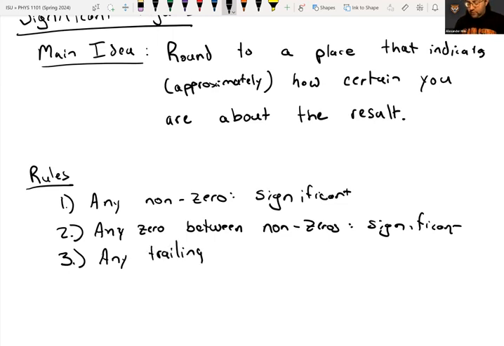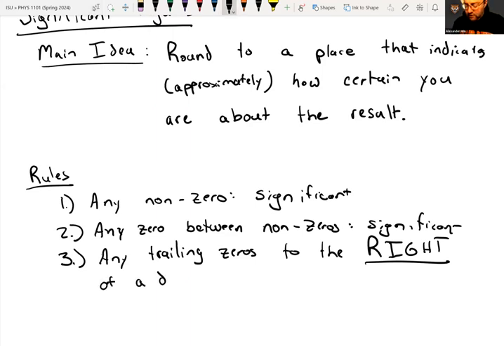By trailing zeros, we mean zeros to the right of any digits we know are significant, so basically any to the right of any non-zero number. Any trailing zeros to the right, and I'll capitalize this because not all trailing zeros are significant. A lot of times they're not, but if they are to the right of a decimal point, then they are significant.